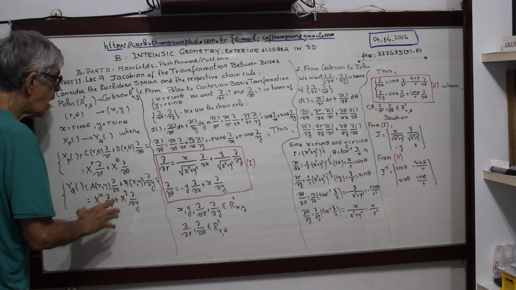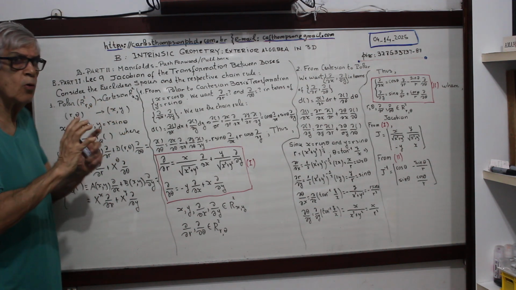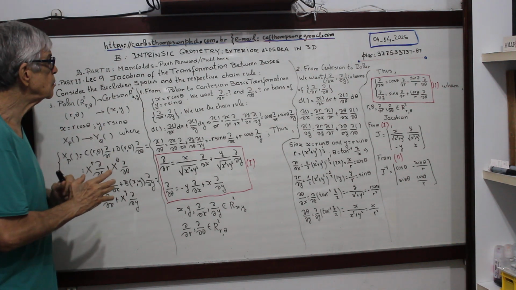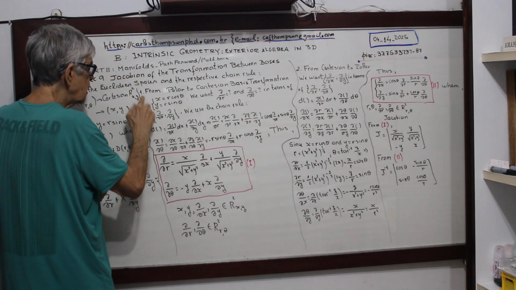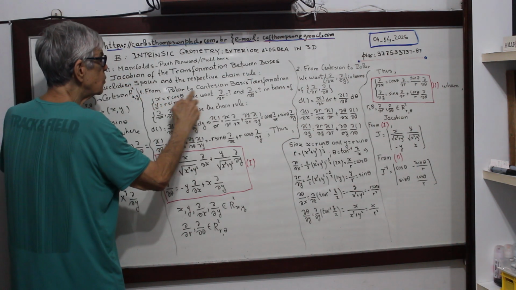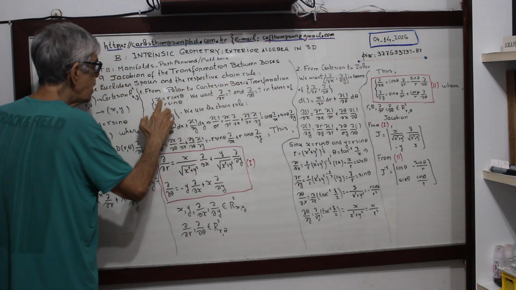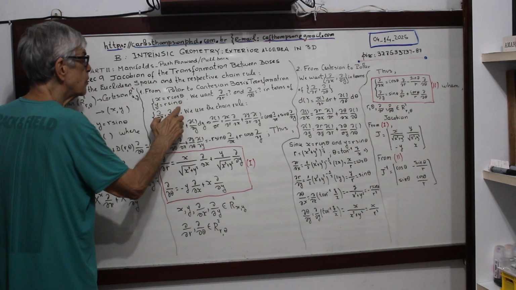Now, I want the transformation only between bases, not components, between bases. So, first, from polar to Cartesian basis transformation. Now, x is r cosine theta, y is r sine theta.